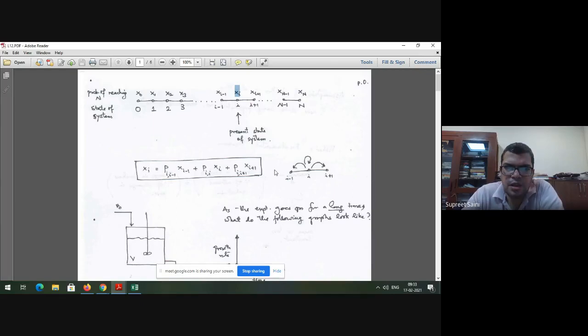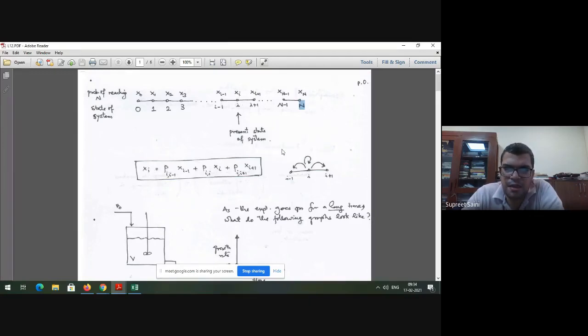The left and right hand side of both these equations represent the probability that starting from here, I will reach here. This is the definition of that probability. So the left hand side is no problem, because that's the definition of xi.